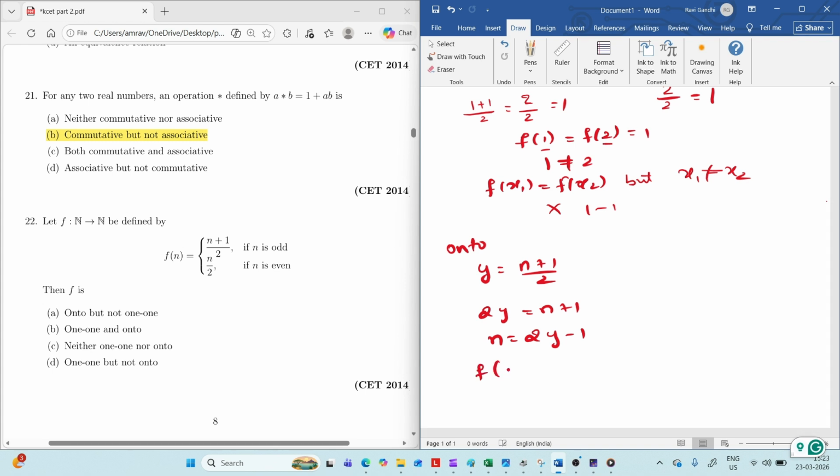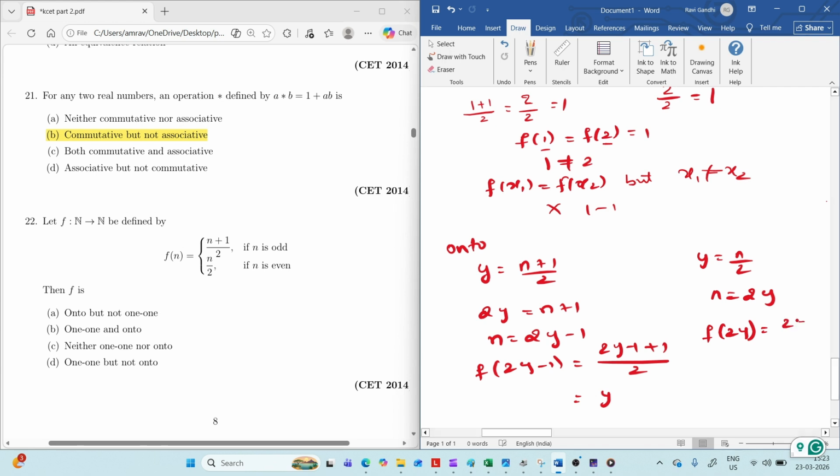So now f of 2y minus 1 is equal to 2y minus 1 plus 1 divided by 2, which is equal to y. And then for the second case, y is equal to n by 2. So n is equal to 2y. So now f of 2y is equal to 2y divided by 2, which is equal to y. So from this you conclude that f is onto.